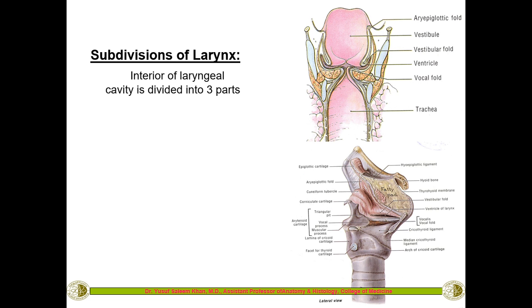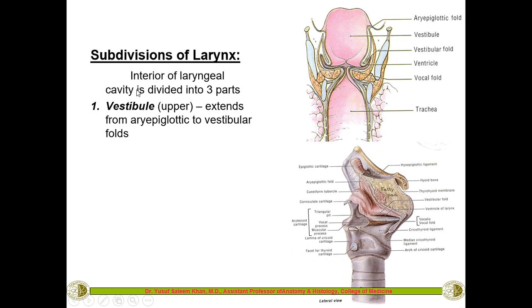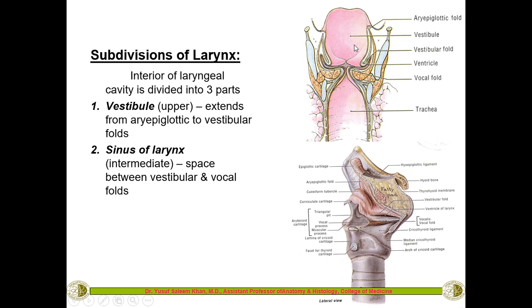Now we have to know some of the areas in this larynx. The interior of the larynx, the laryngeal cavity, is divided into three parts. The part above the vestibular folds, from the epiglottis to the vestibular fold, is called the vestibule.